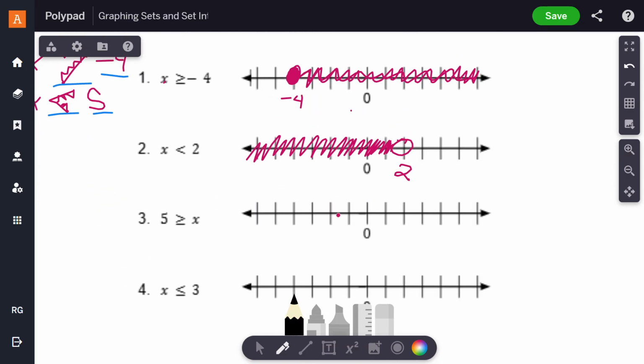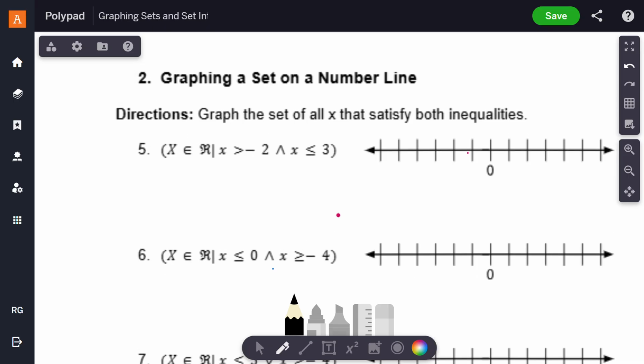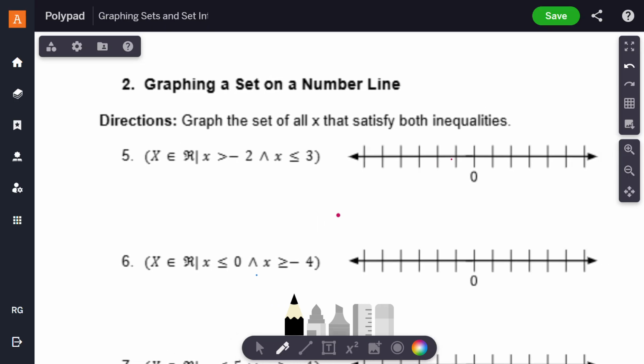So let's level up that skill one or two more steps where we're graphing the set of all x values that satisfy both inequalities. So let's decode this first before we attempt to graph, because this is very similar to the first skill we just practiced. And in this example, the x ∈ ℝ just represents that the value of x, its element, its characteristics are real numbers.